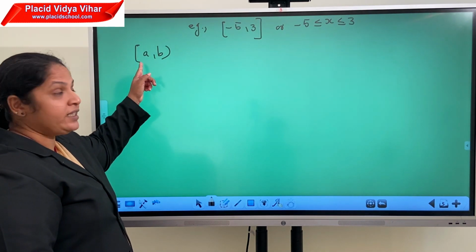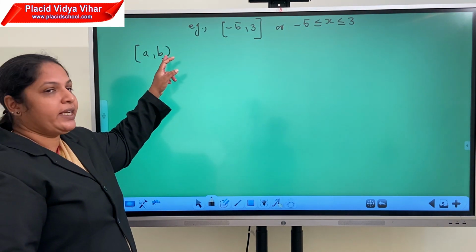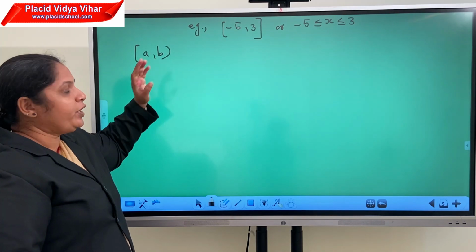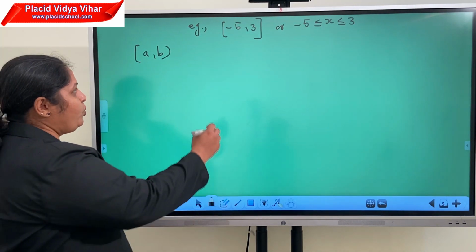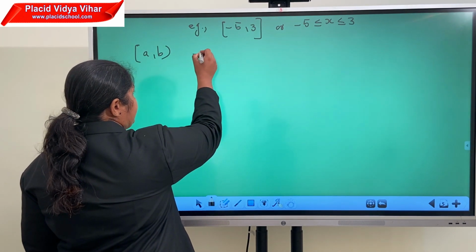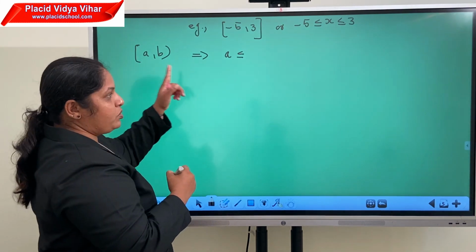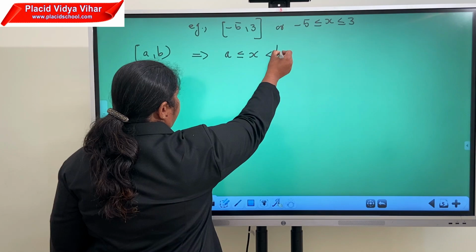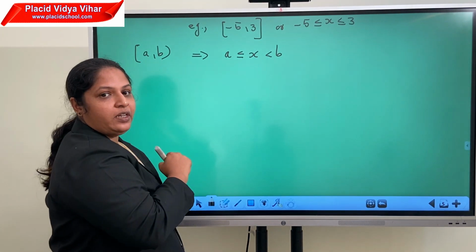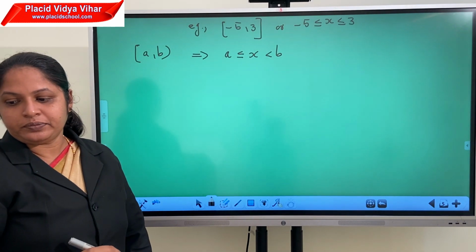Closed bracket means that endpoint will be included in the interval, and open bracket means that endpoint will not be included in the interval. So how do we write [a, b) in inequality form? It can be represented as a less than or equal to x less than b. Is b included in the interval? No, but a is included in the interval.